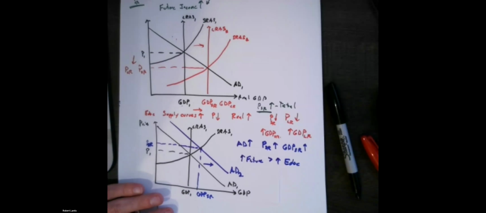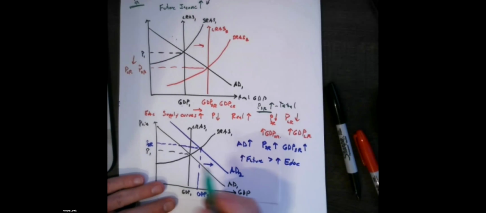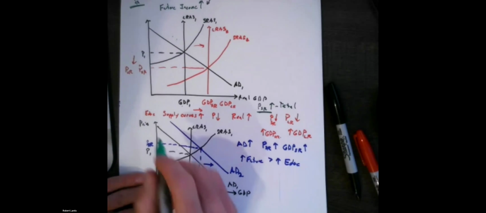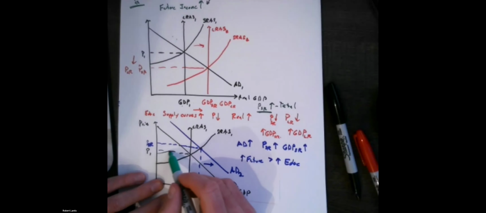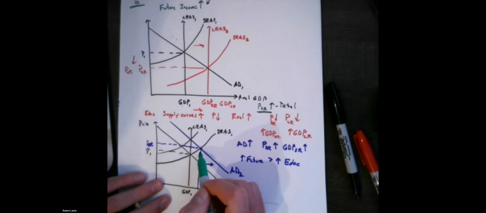Any questions on that? And I also want to make this point. Does it matter if I'm talking about short or long run prices? Well, in the long run, what happens? Our short run aggregate supply responds to this.